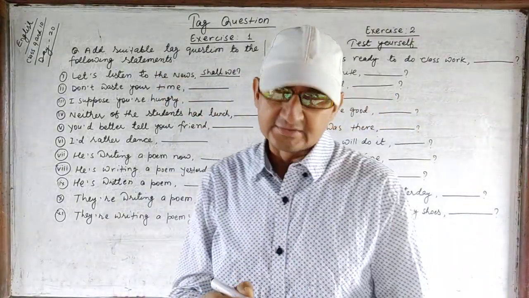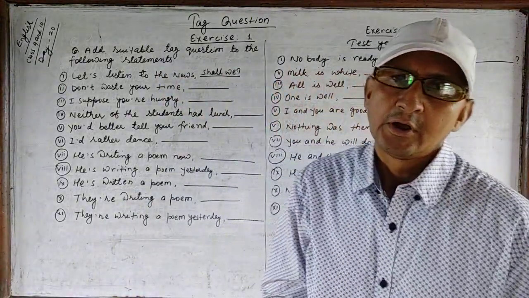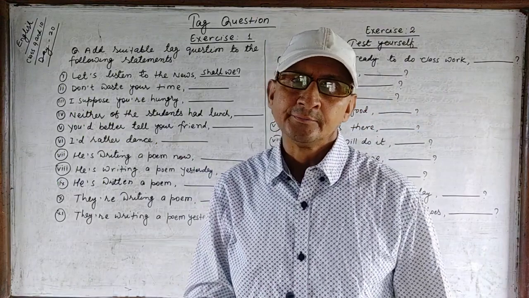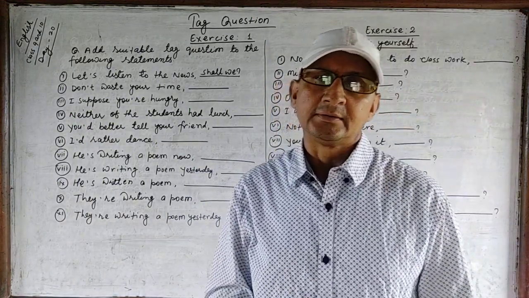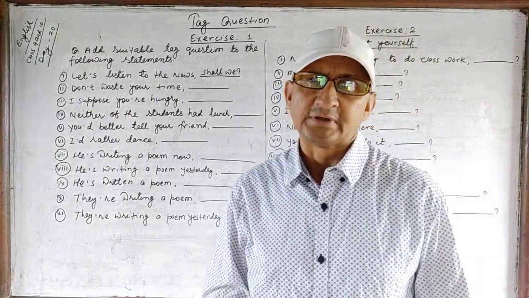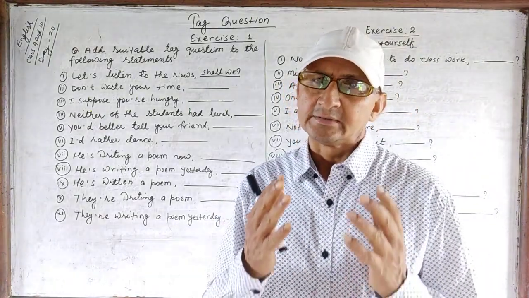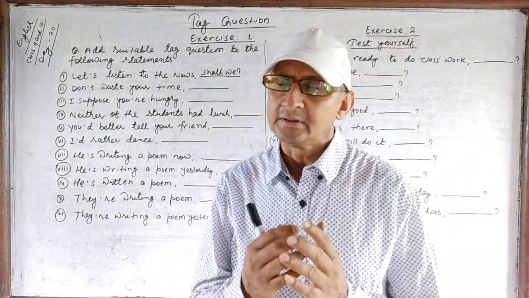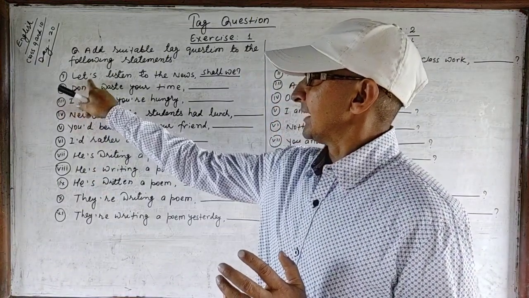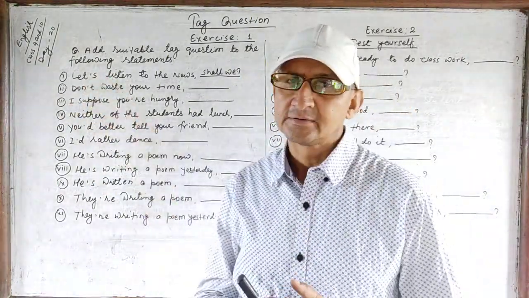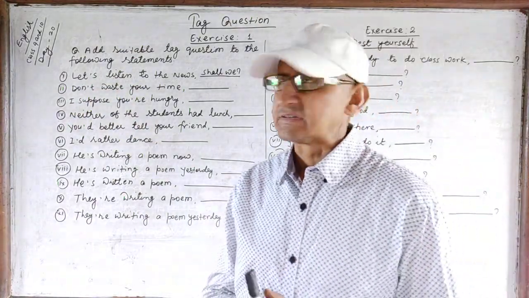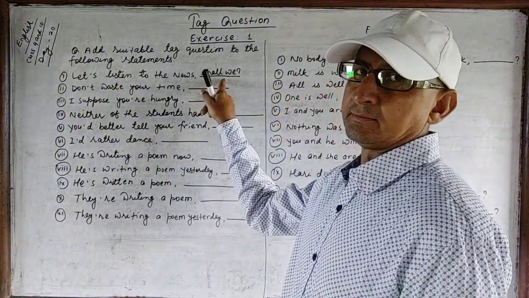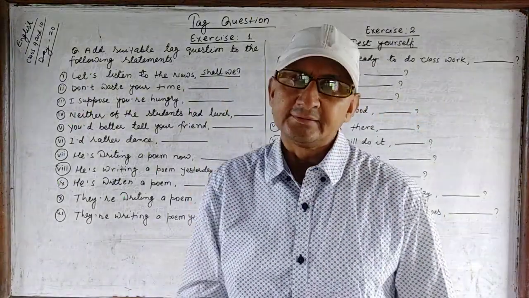Shall we is the tag for this statement. Why shall we? We have already discussed in the basic rule of tag that the statement that begins with let's, let, has always an affirmative tag shall we. So the tag is shall we.